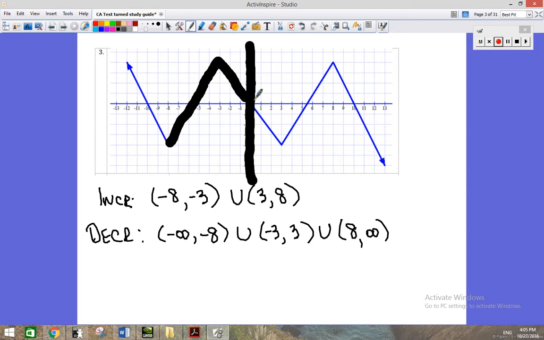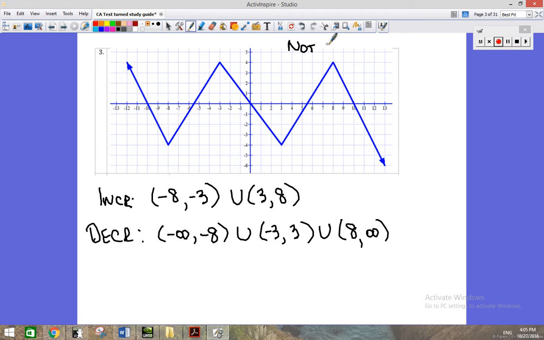Well, its mirror image would look like that. You'd have a big M, and we don't have that. Look, it's going down. So I know that this is not an even function. Just by inspection, I can see that it's not even. I do not have symmetry with respect to the y-axis.